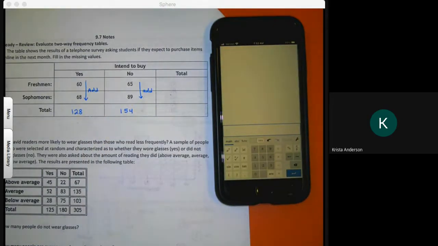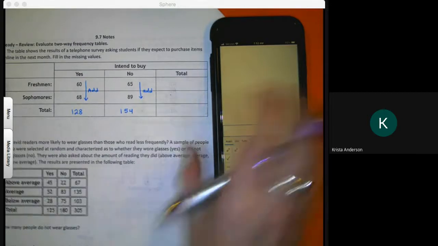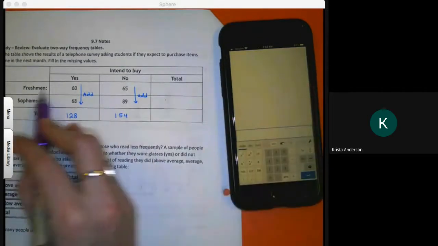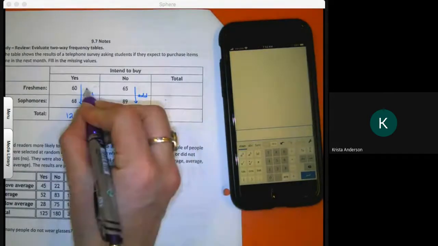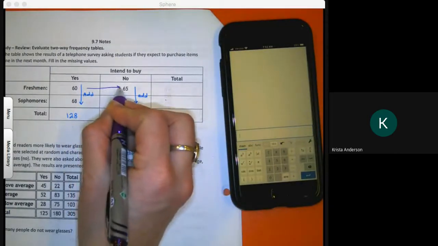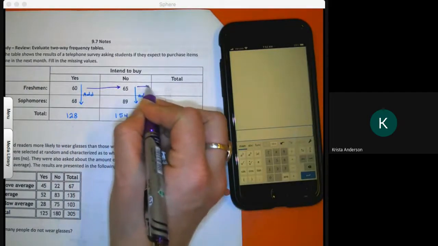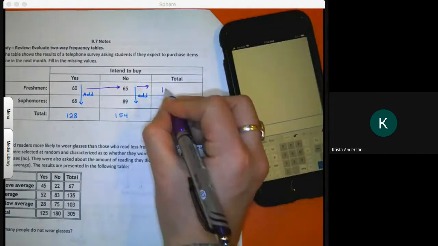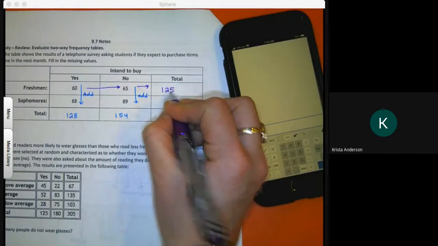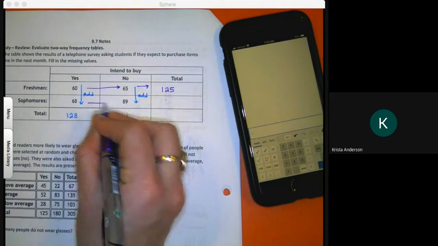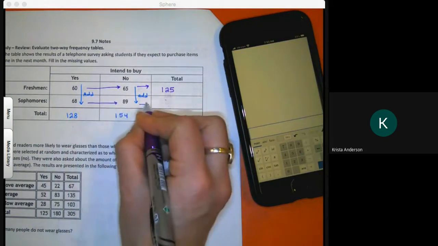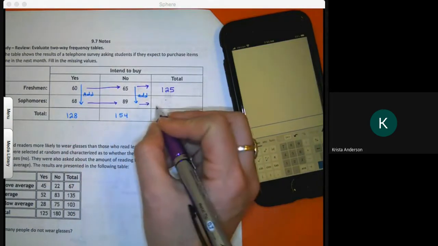Okay. Then I need to find how many total freshmen are there as I go this direction. 125. Then I add those together.